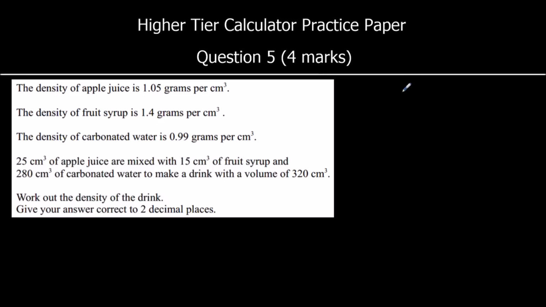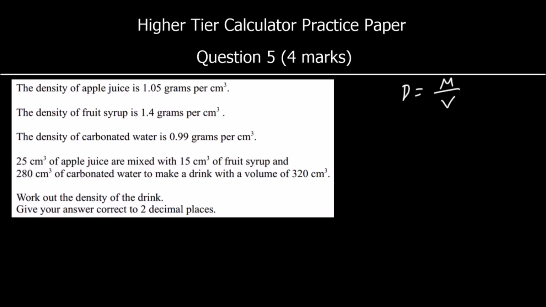So we need to remember that density is equal to mass over volume. And when we're mixing different things together, the total density is going to be the total mass divided by the total volume. So we're going to have to work out the total mass and divide it by the total volume.